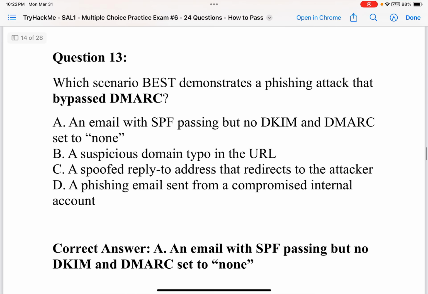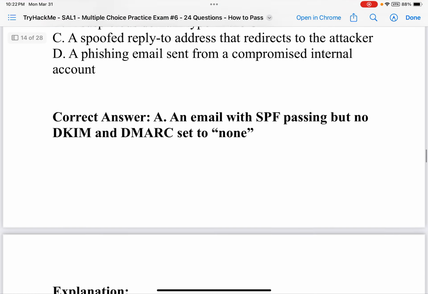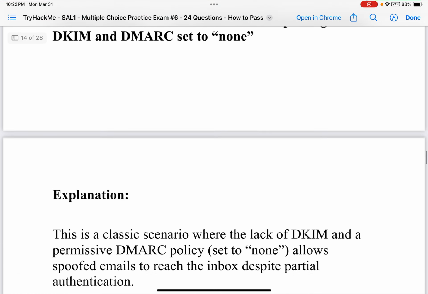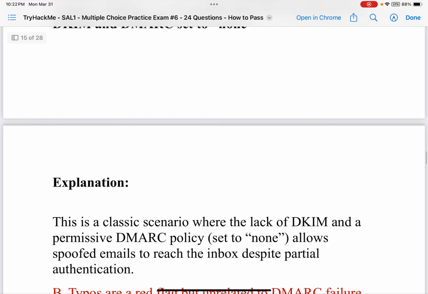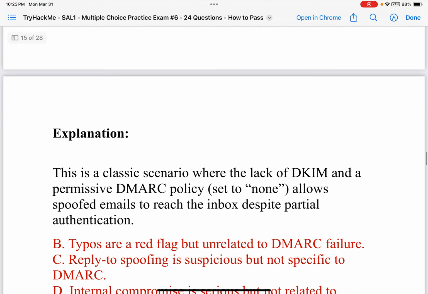Correct answer A. An email with SPF passing but no DKIM and DMARC set to none. Explanation: this is a classic scenario where the lack of DKIM and a permissive DMARC policy set to none allows spoofed emails to reach the inbox despite partial authentication.